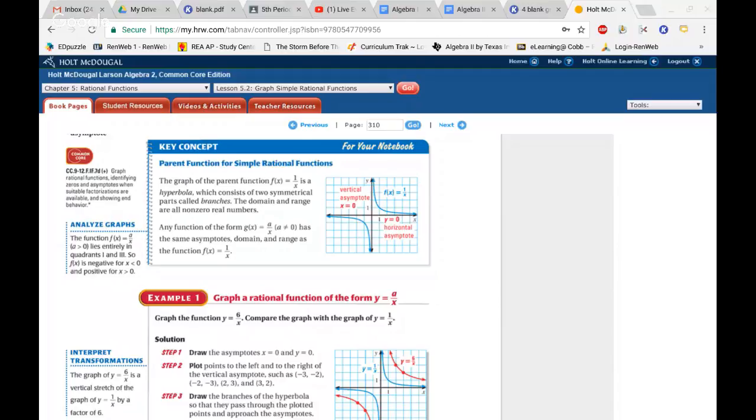So the vertical asymptote is going to be x equals 0. The horizontal asymptote in this parent function is going to be 0, because there's never going to be a place where it equals 0, since you've got 1 over x. For this to be 0, it would have to be 0 over x. Does that make sense? Okay. I kind of understand.